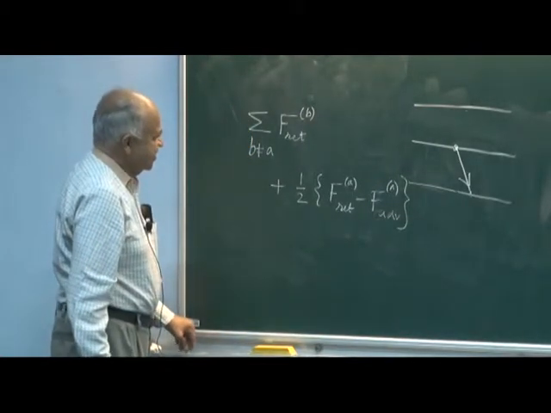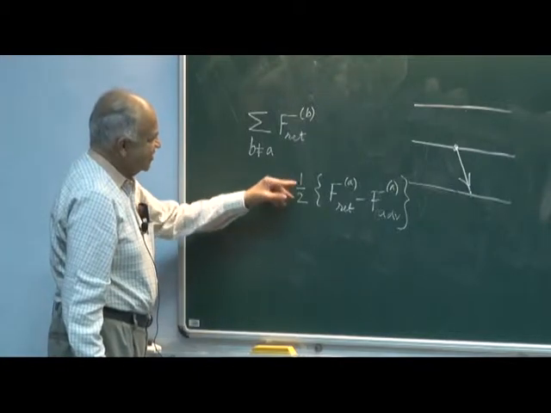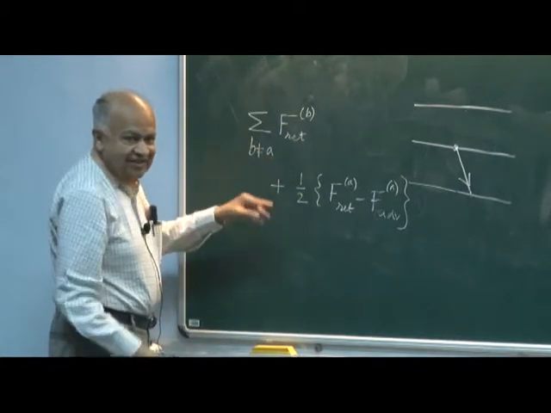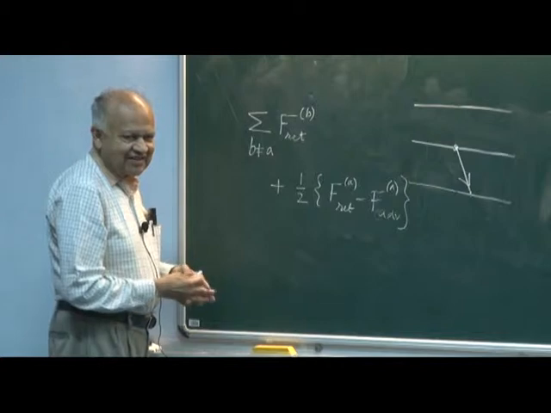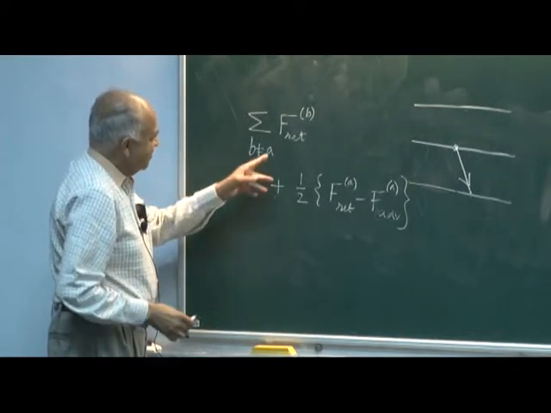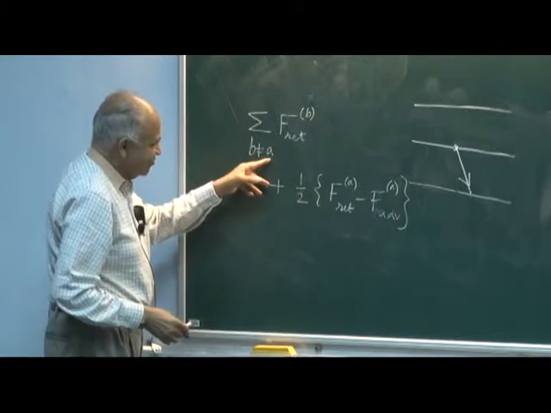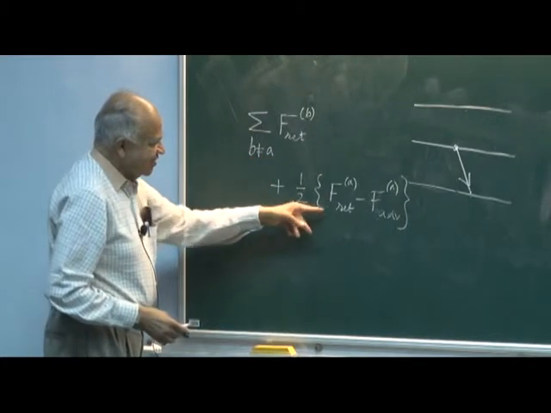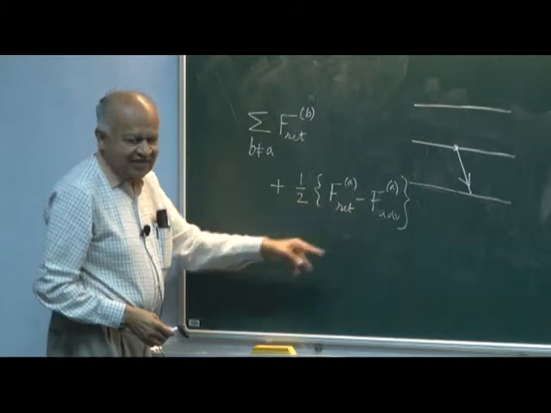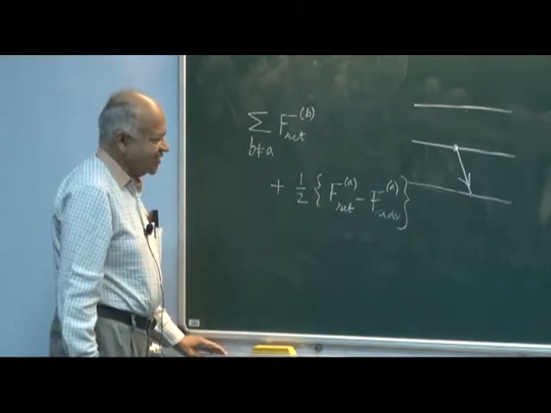The typical electric charge A is affected by the rest of the particles in the universe by a full retarded field coming from all B not equal to A, together with this radiative reaction. This is what our classical theory tells us.